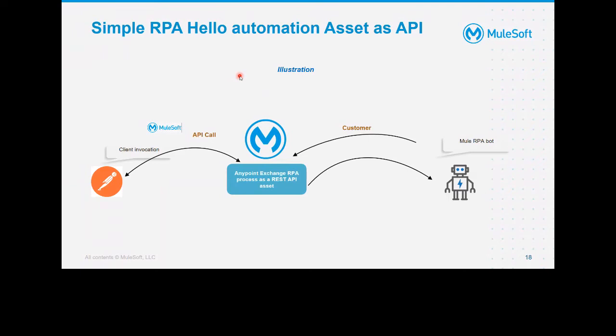So for today's demo, what we plan to do is a very simple RPA hello app automation. We are going to create a simple hello world RPA bot, deploy that onto your RPA manager, and once the deployment is completed, we are going to publish that as a REST API asset onto Exchange, and then consume it in our MuleSoft API, and then see how this whole interaction works end to end from your Mule API to the RPA process bot.